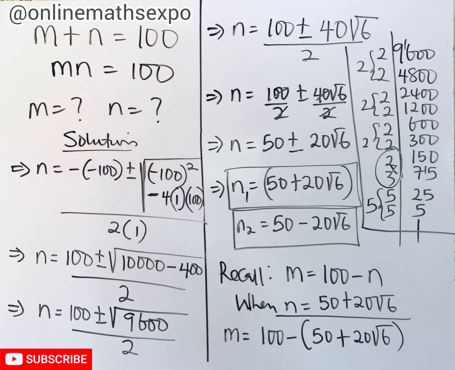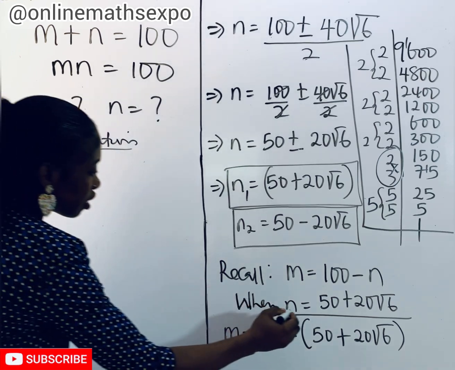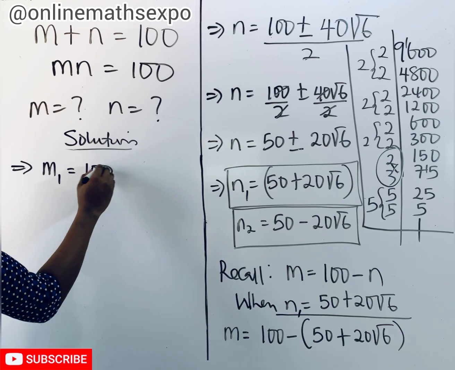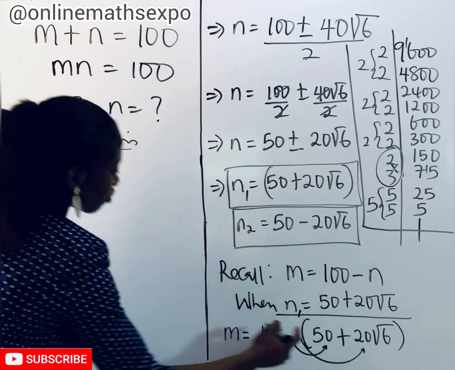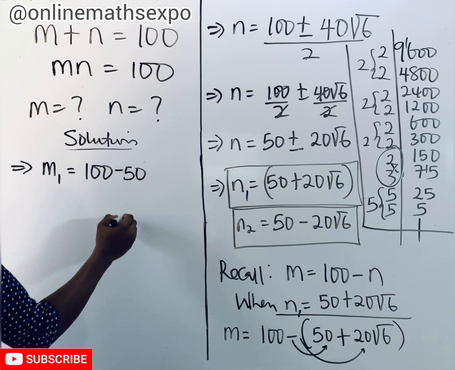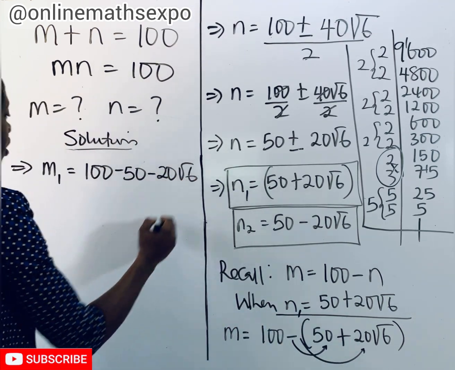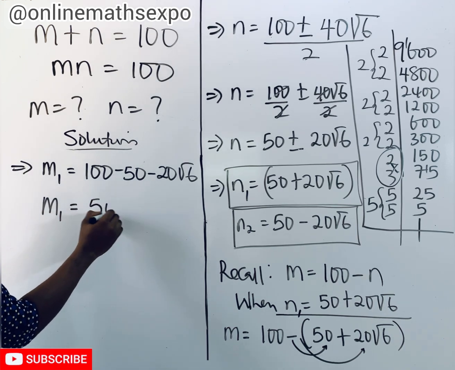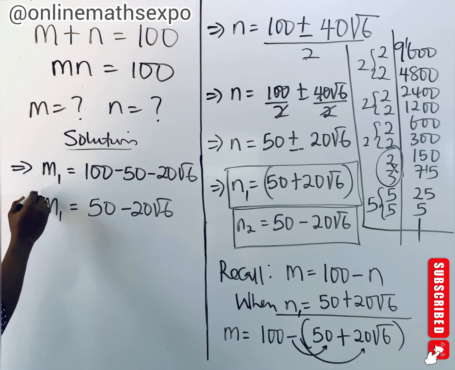So when this is n1, our m1 will now be 100. Use this to expand: negative multiplies this, we have negative 50, negative 20 root 6. So m1 is 50 minus 20 root 6. So this is our m1.